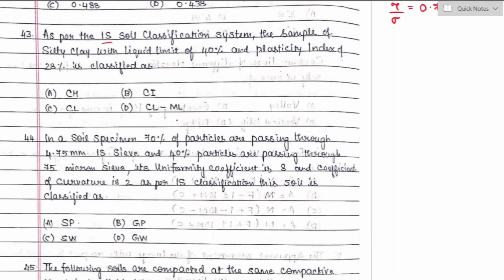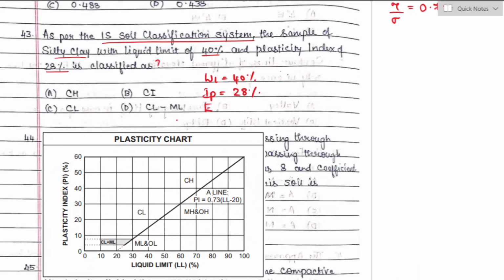Question number 43. As per IS soil classification system, the sample of silty clay with liquid limit of 40% and plasticity index of 28% is classified as. Liquid limit is given as 40%, plasticity index of silty clay is given as 28%. To decide the type of the silty clay, we have to calculate the equation of A line, which is given by 0.73 times (liquid limit minus 20).